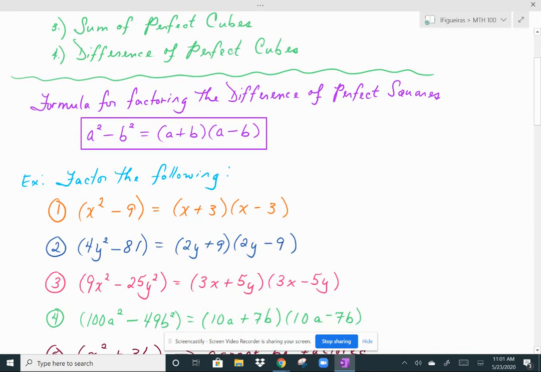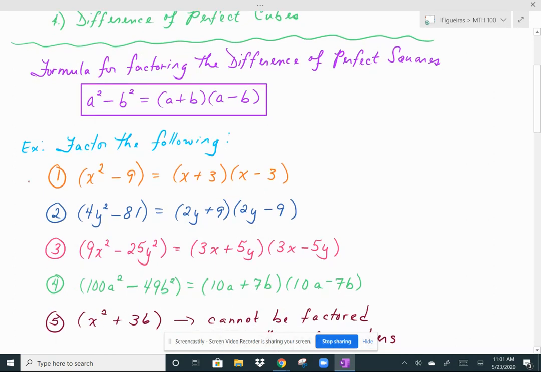Okay, so here are several examples. Number 1, we want to factor x squared minus 9. X squared and 9 are both perfect squares, and it is a difference. So the factors are x plus 3 and x minus 3, because the square root of x squared is x, and the square root of 9 is 3.